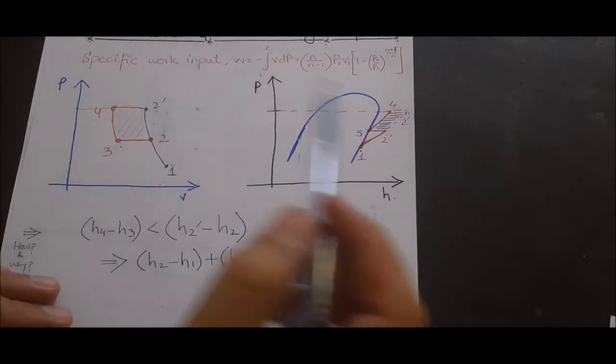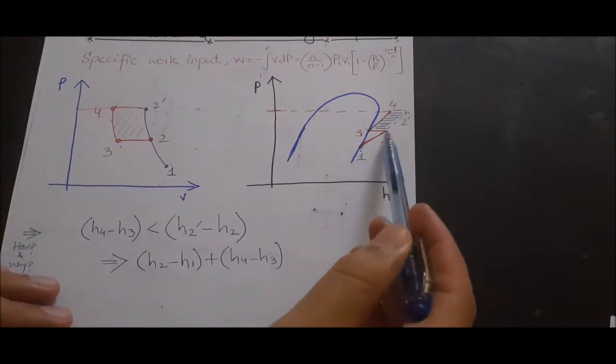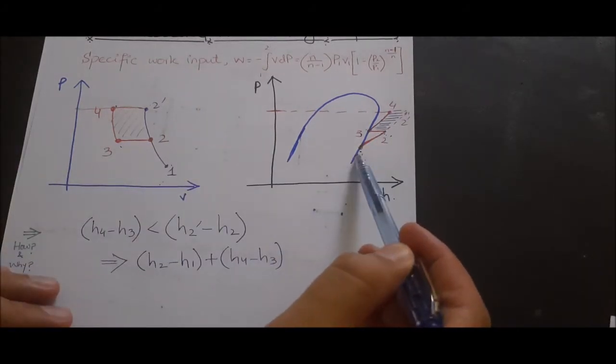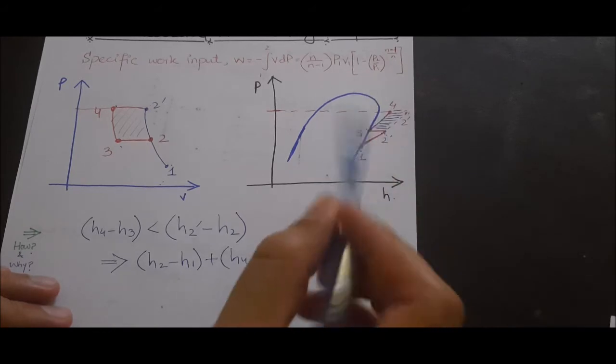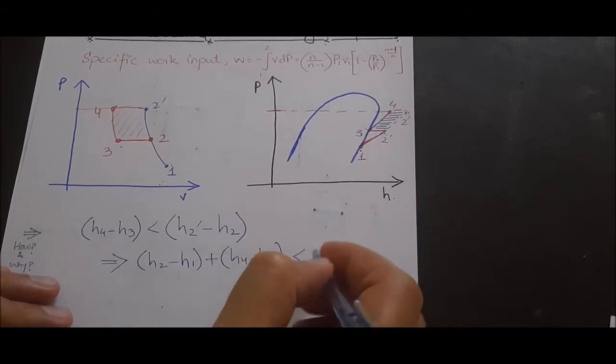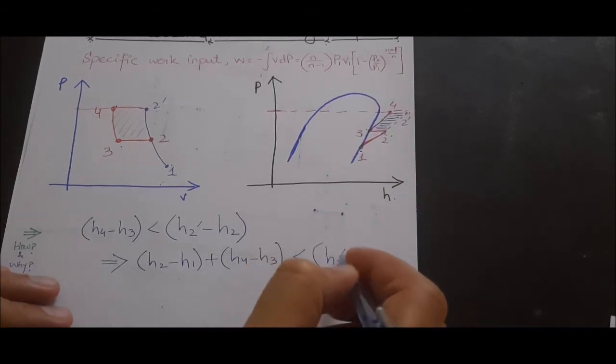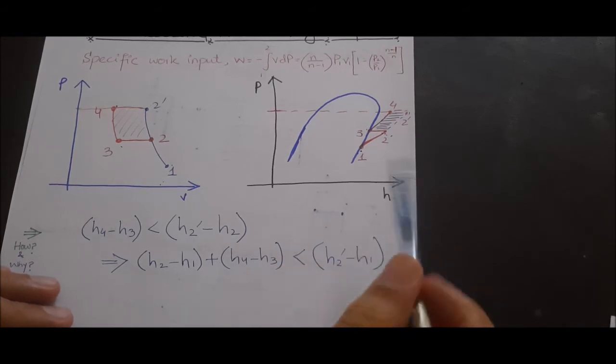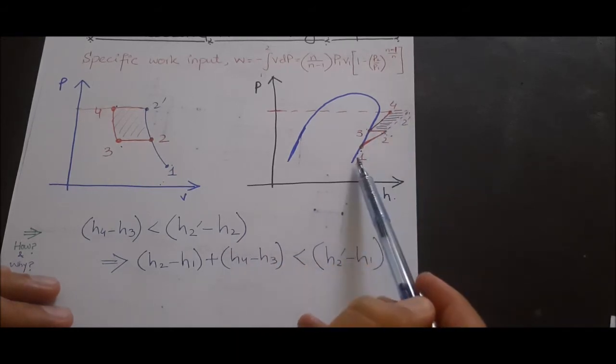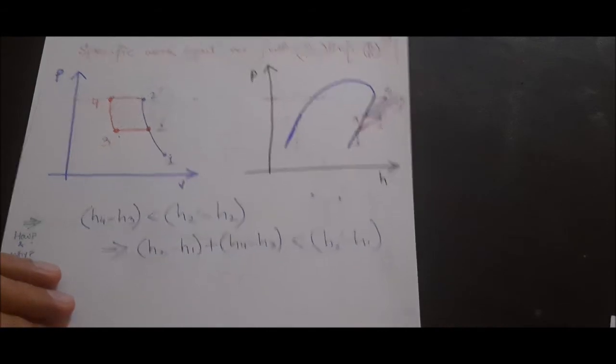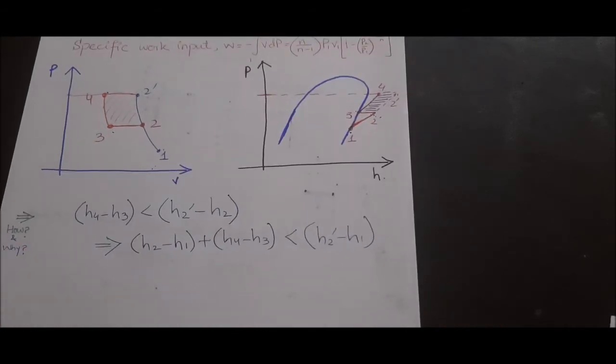Now the total work H2 minus H1 plus H4 minus H3 would be less than H2 dash minus H1. So H2 dash minus H1, if we could do it in a single stage or a single compression, that would require more work, more energy input.